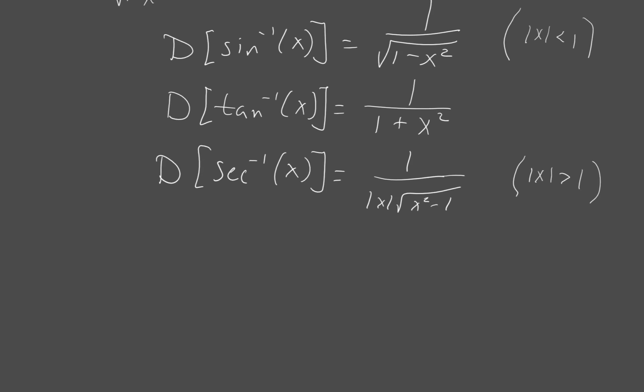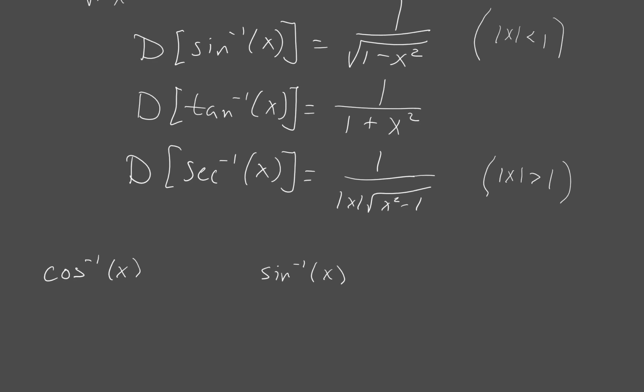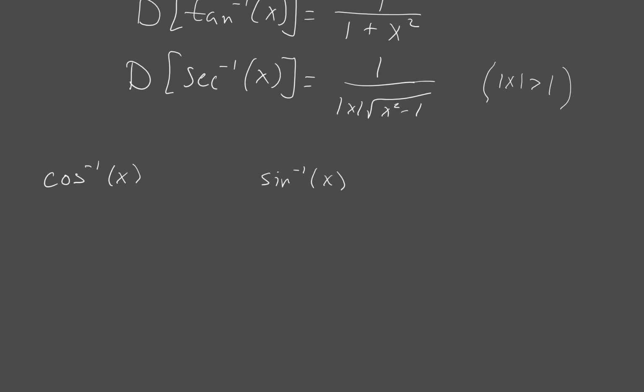Okay, so let's think about it a little bit. Take the cosine inverse of x, and we're going to compare that to the sine inverse of x. Let's draw the triangle that has x on one of the sides and 1 here. If I put theta here, that's going to be the sine inverse of x.